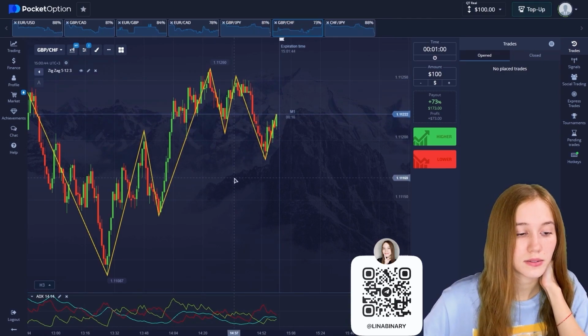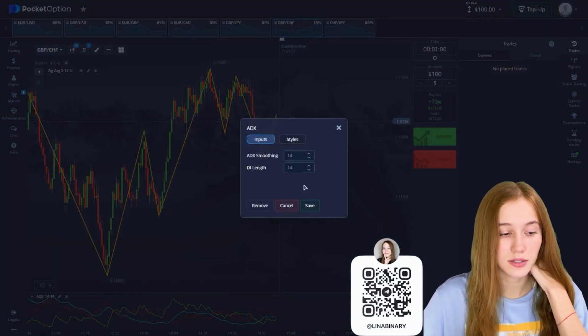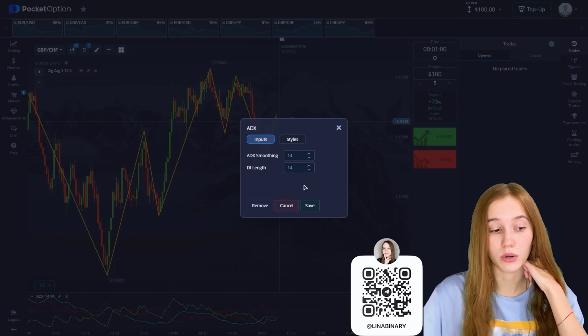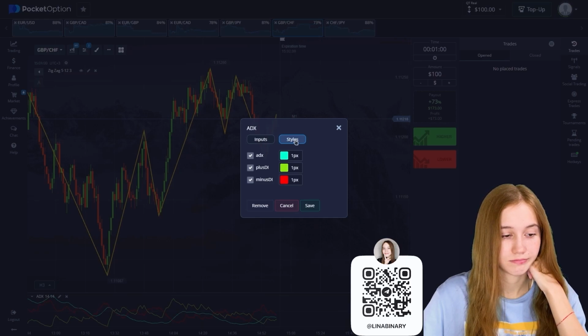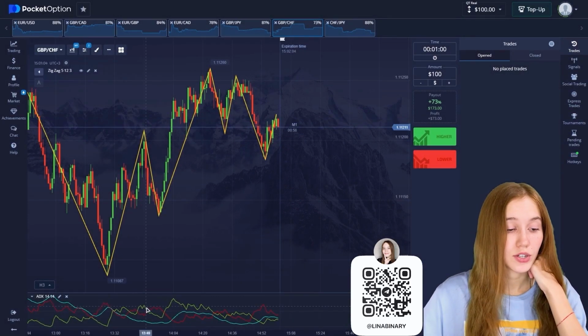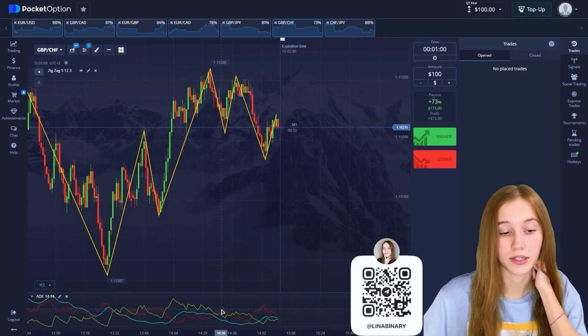Our second indicator is ADX. At the bottom of the screen, these are the settings. You can also copy them here. It shows the average distance between 2 components.